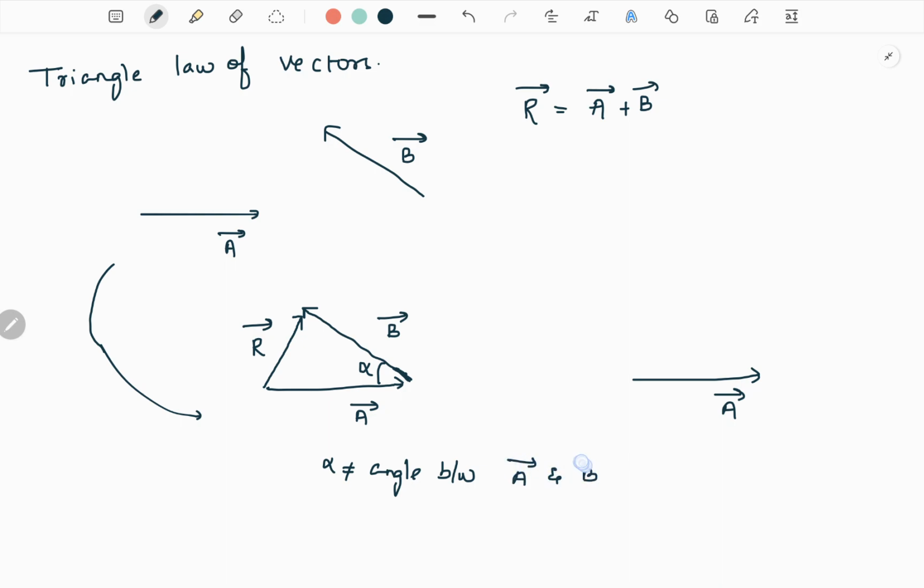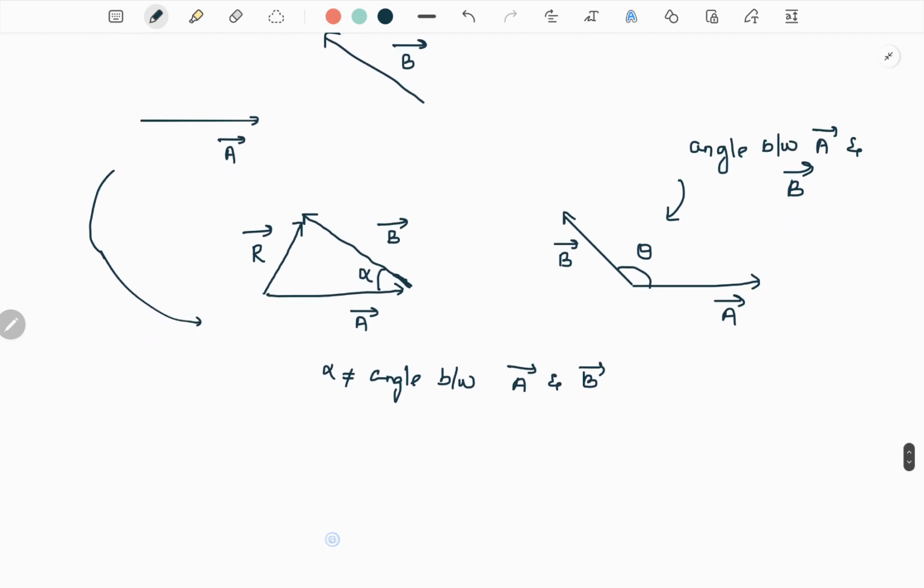Whenever we represent the angle between two vectors, we have to redraw them such that either tails touch each other or heads touch each other. So I will go with tails touching each other. So this would basically be B bar. Then this is theta. Now theta is the angle between A bar and B bar.